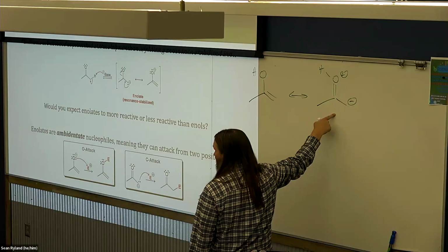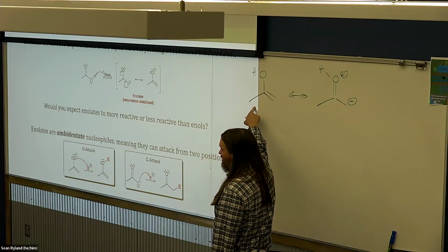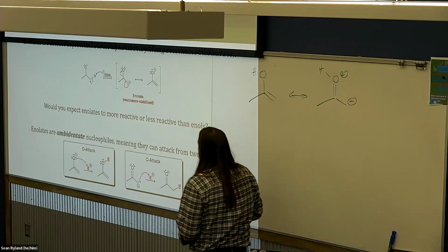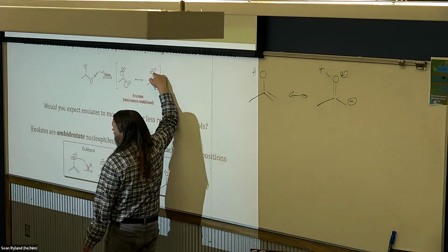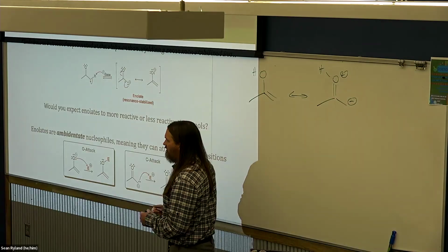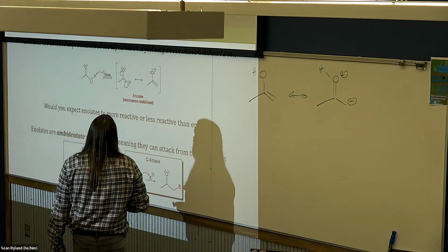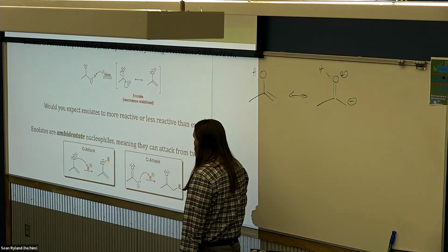This is still okay, partially stable, but this is still very much the major contributor, the neutral version, right? Versus this enolate, we have a negative charge no matter where we put it. So yeah, putting a negative charge on an oxygen is favorable to putting it on a carbon, but at the same time, we're going to have a negative charge either way. That means both of these are pretty significant contributors.